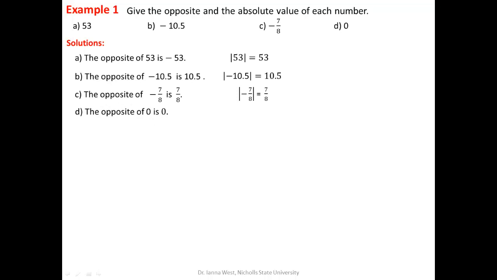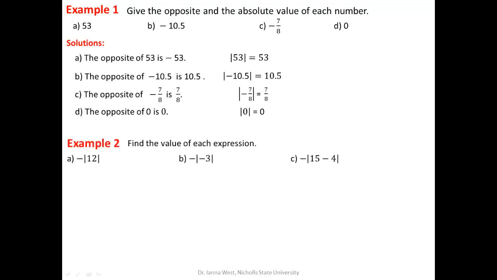The last one, the opposite of 0 is 0, and the absolute value of 0 is also 0. 0 is its own opposite, and the absolute value of 0 equals 0, because remember, the absolute value represents the distance the number is from 0.